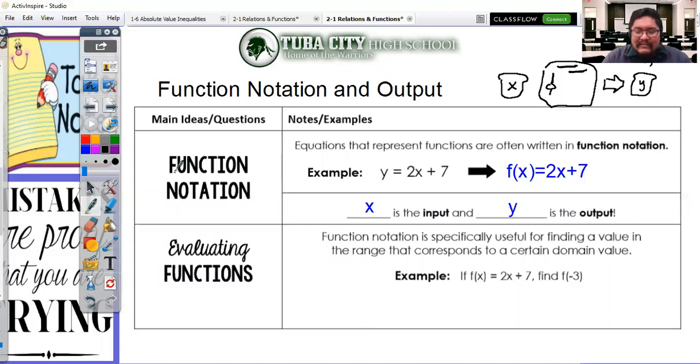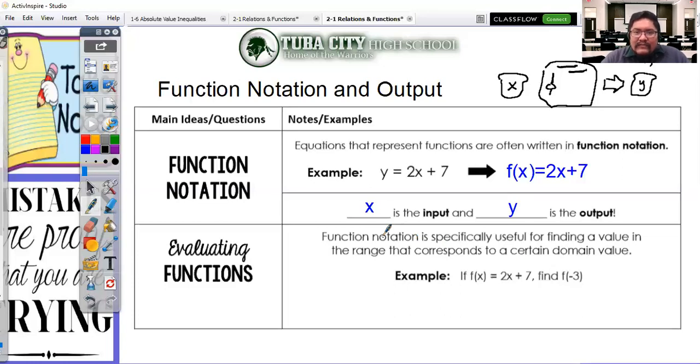Function means what its purpose is and how it works. So that's why you cannot have 2 different numbers for x, because anytime you do something, you're always going to get the same result. Anyway, let's go ahead and move on to evaluating functions.